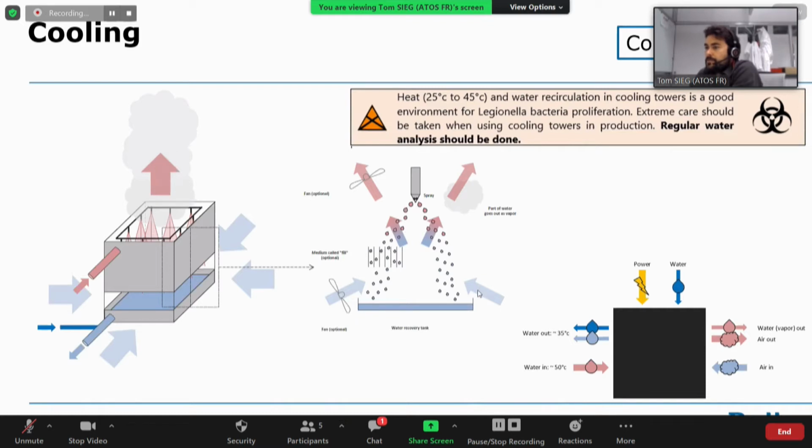You have a water tank at the bottom that will collect all the water from the spray, except the water that has gone off as vapor.